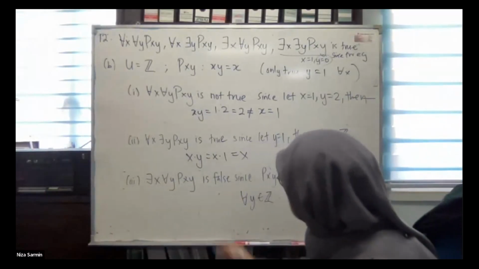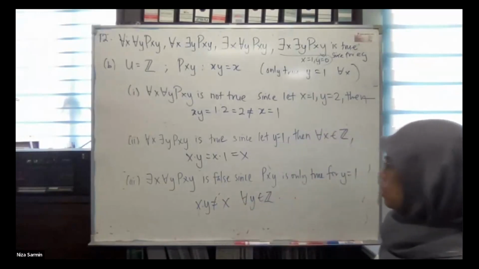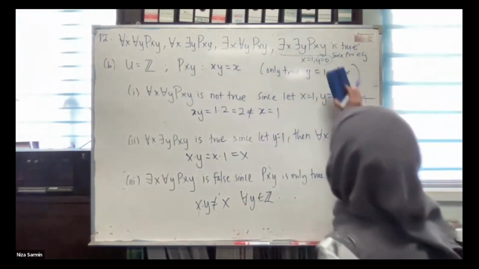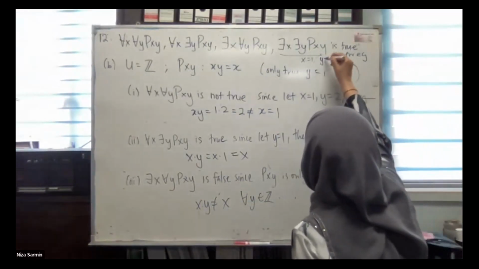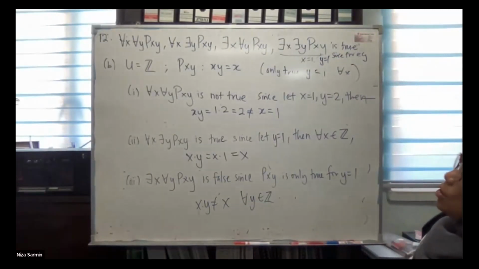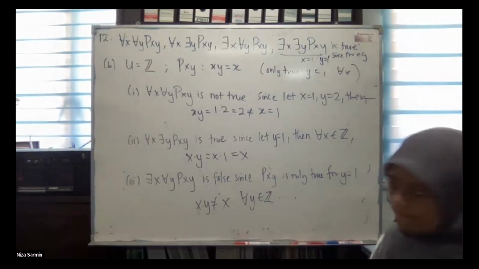So x times y is not x for all y. Right? Very, very similar. And this one, you can change y to 1. So 1 times 1 is 1. As long as y is 1, you can use x is 2. 2 times 1 is 2. Right?